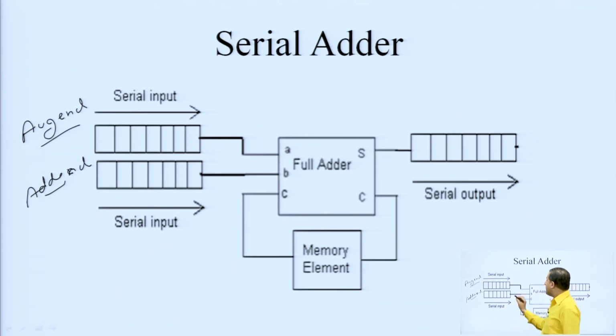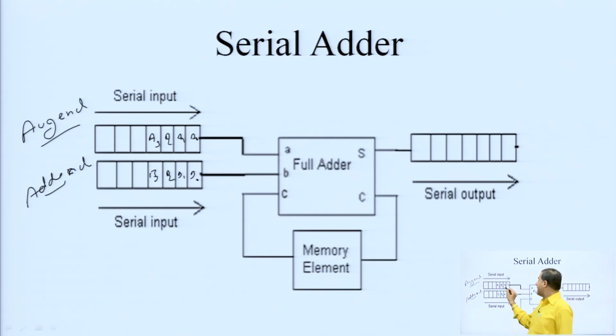So, here we can write A3, A2, A1, A0 and B3, B2, B1 and B0. You can add multiple numbers of bits.